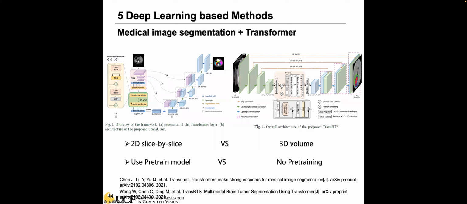You can take the 3D model and make the prediction for all the slices. Also, the TransUNet work uses a pre-trained transformer network trained on natural images, like ImageNet, but TransBTS trains from scratch, directly on this brain tumor data set.